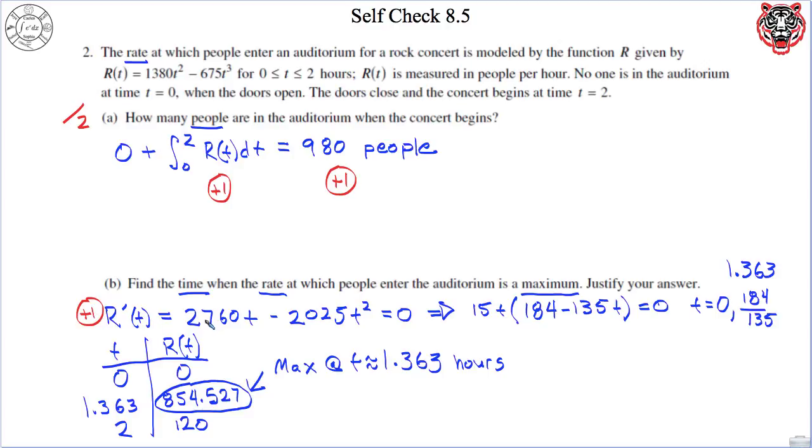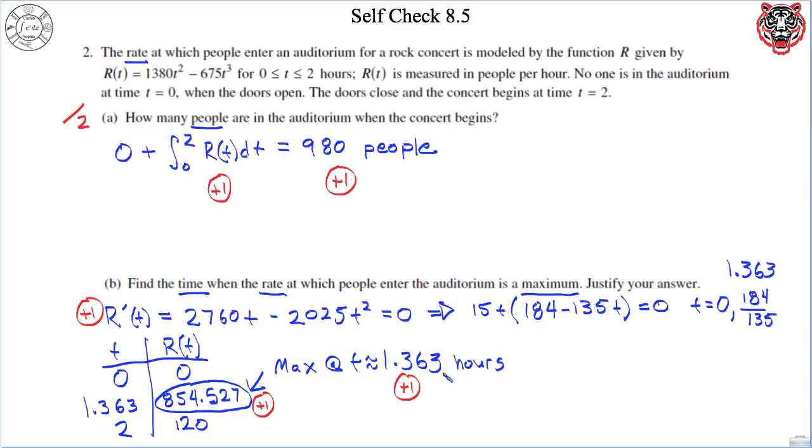If you find the critical point, so if you found this number, 854, then you give yourself plus 1 point. And if you have your conclusion, which is the max is at time 1.363, you give yourself 1 point.